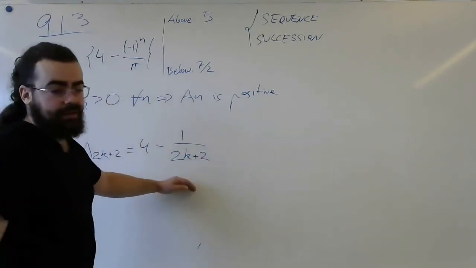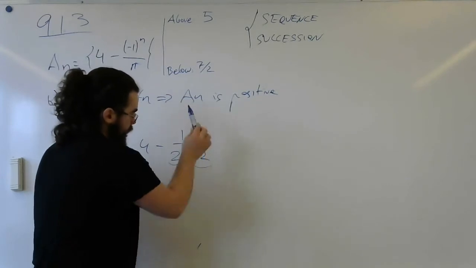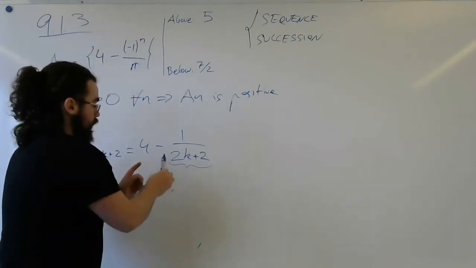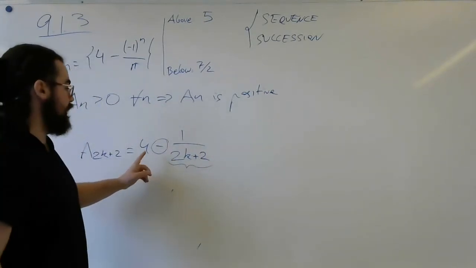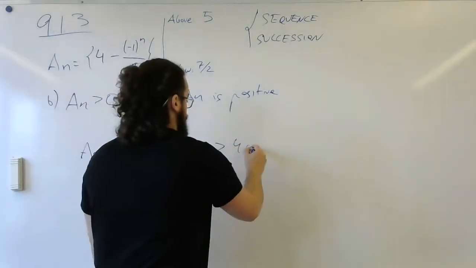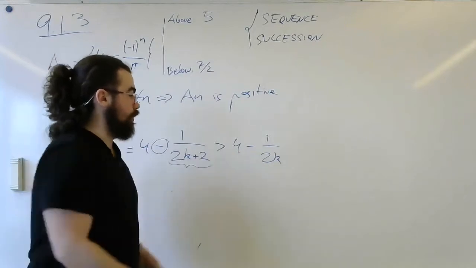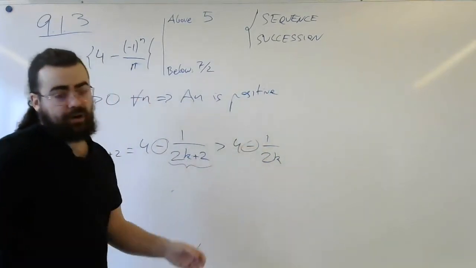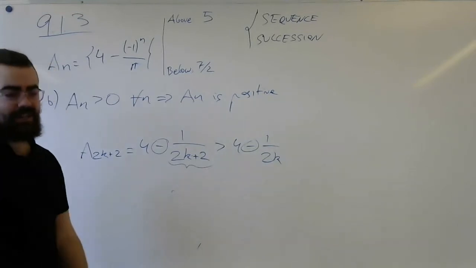It has the bigger denominator, but the fraction is smaller. But this minus sign here makes it that 4 minus this will be bigger than this, because the thing you are subtracting is smaller. The devil is in the details.